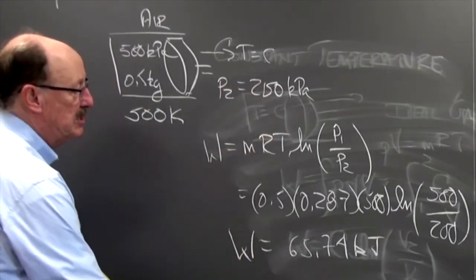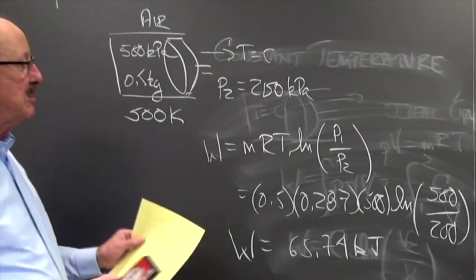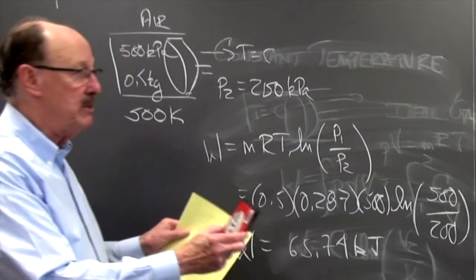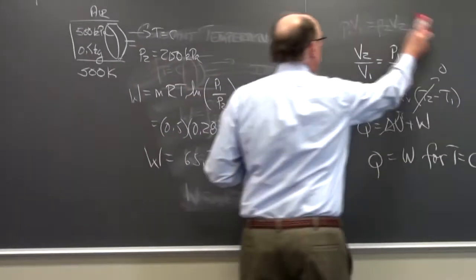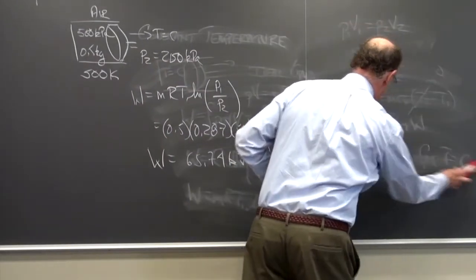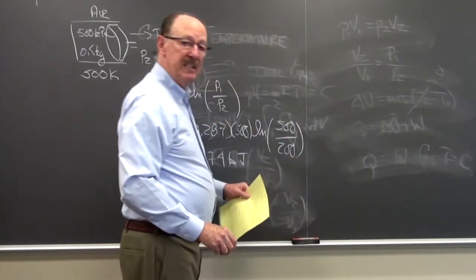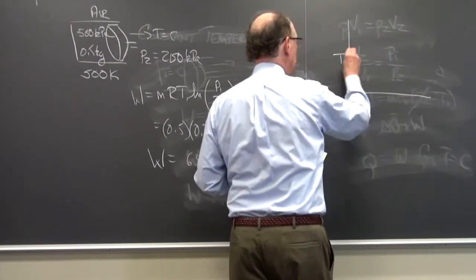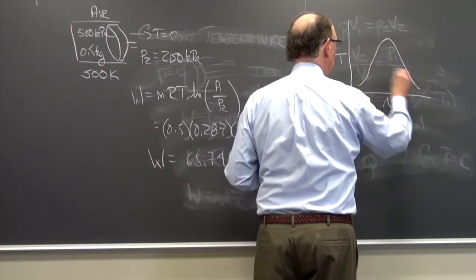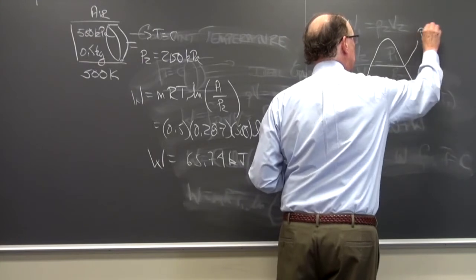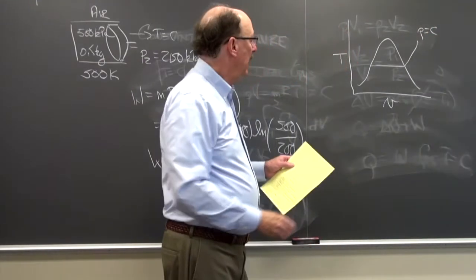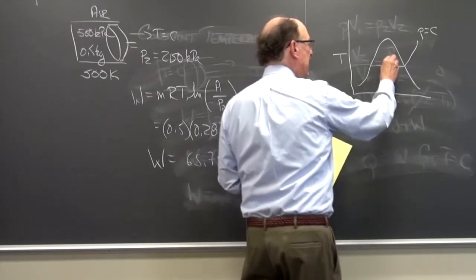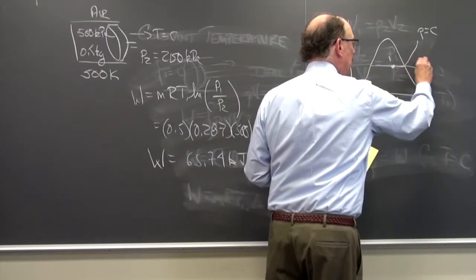Now let's just see why this does not work for a pure substance. We restricted ourselves to an ideal gas, and I'll show you very quickly why we had to do that. So if we look at the T-v diagram for a pure substance, and our familiar line of constant pressure, and our line of constant temperature would go this way, but what if I were here at state 1 and then went out to state 2 there?